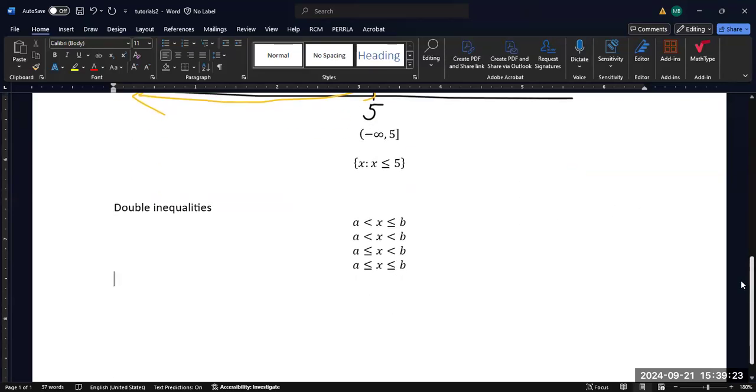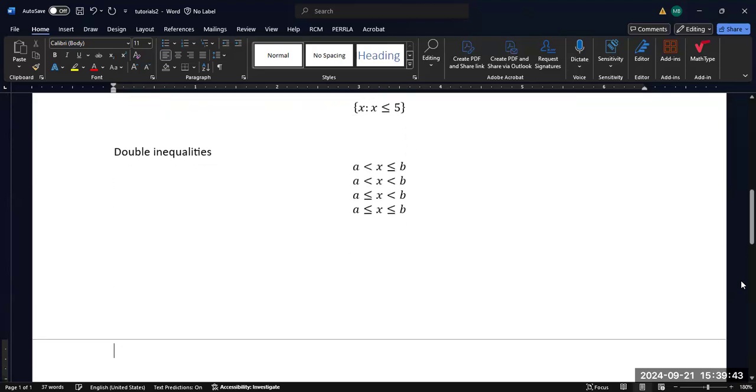But again, the standard way to write these is always with the smallest value on the left, X in the middle, B on the right side, which is the larger value, and then always less than, because you're reading from left to right on the number line. Again, that is standard.